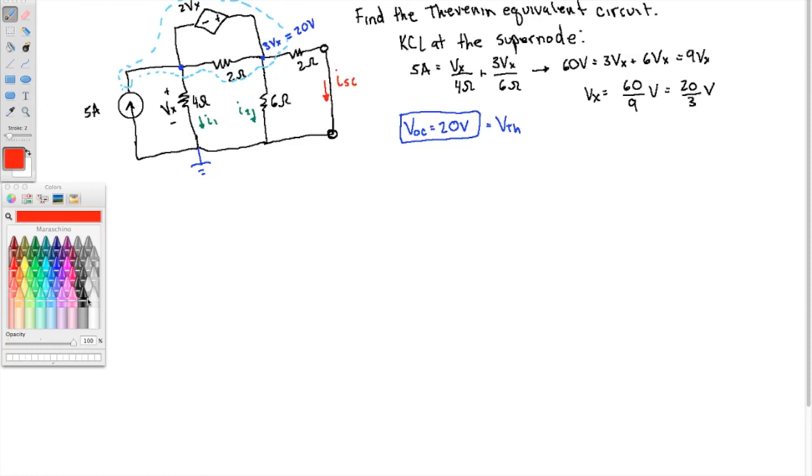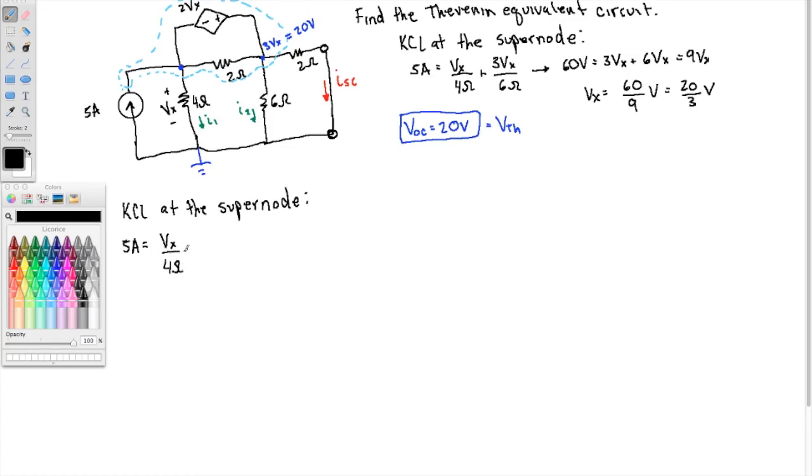So let's do KCL again at the supernode. Again, I'm using nodal analysis because mesh analysis here would take 3 equations, so we'd have to have a matrix, and ugh. So we're going to use KCL, or nodal analysis.